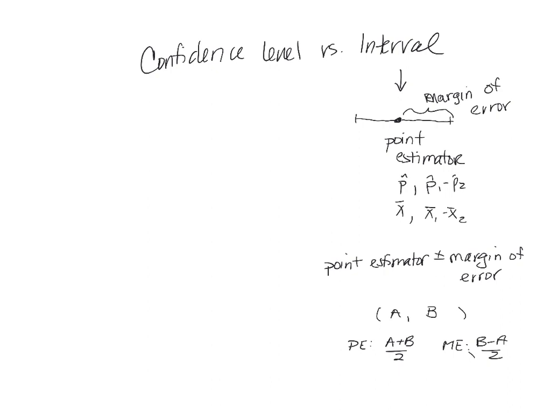Okay. And so then we have to talk about this concept of a confidence level versus a confidence interval. Okay. So the interval is the range of data that we believe this falls on.